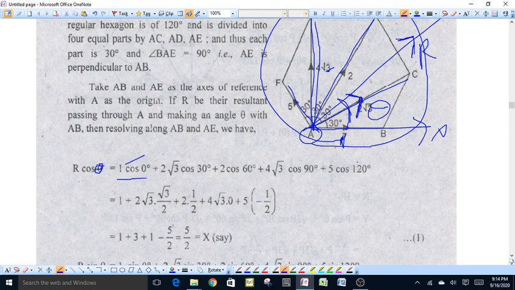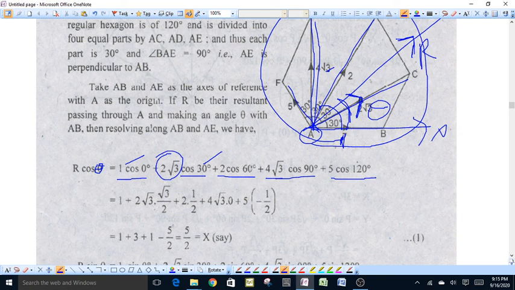The second force, which acts along AC, whose magnitude is equal to 2√3, makes an angle of 30 degrees with the positive direction of the x axis. Therefore its x component is 2√3 cos 30, and the third force, 2, makes an angle of 60 with the positive direction of the x axis: 2 cos 60, 4√3 cos 90, next 5 cos 120.